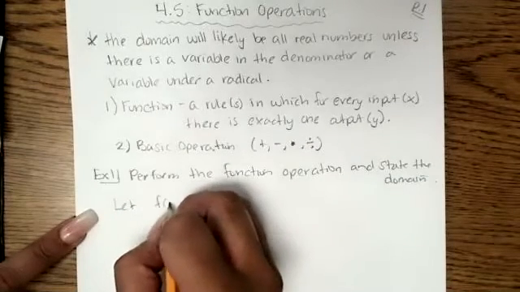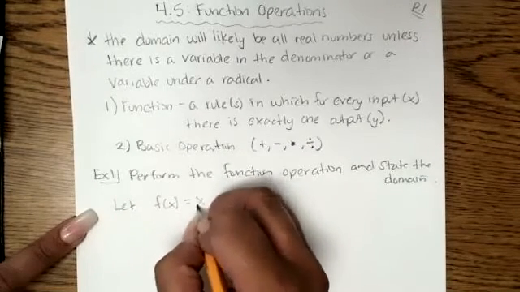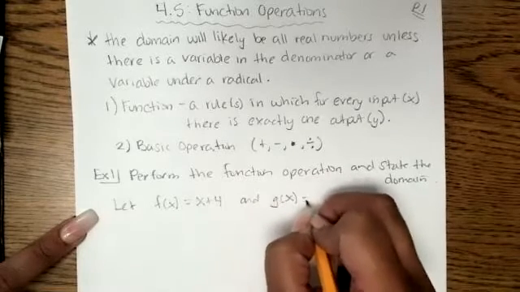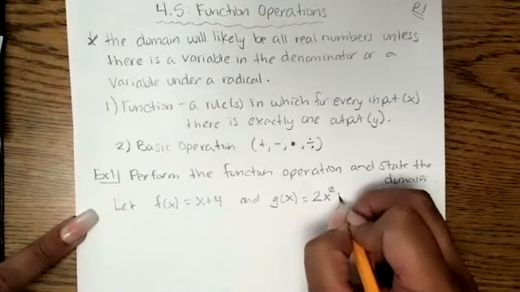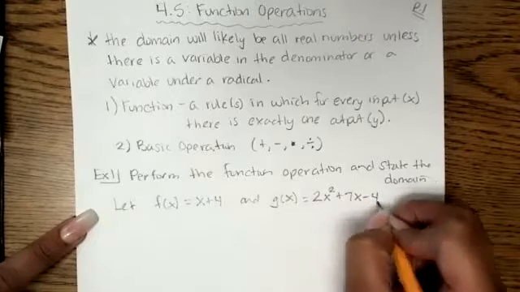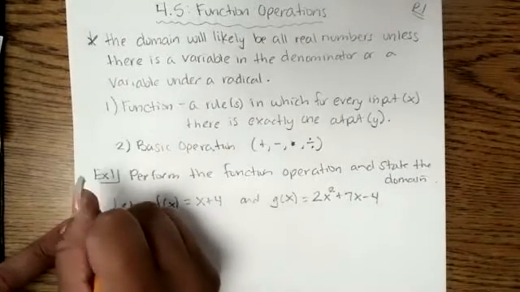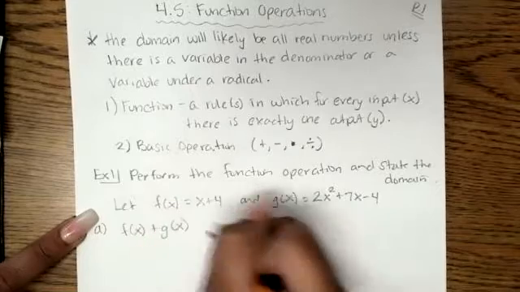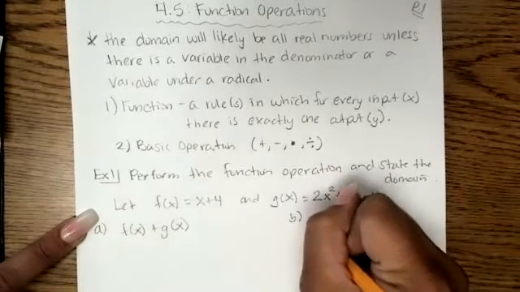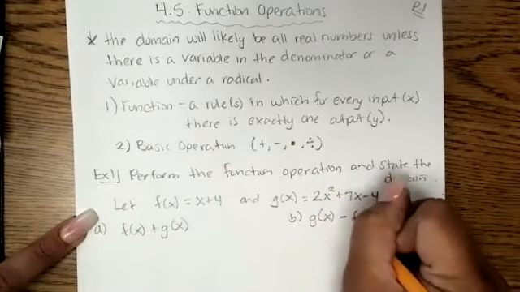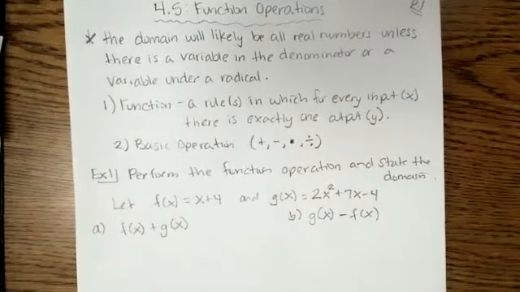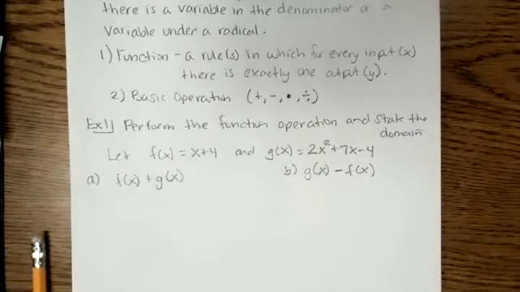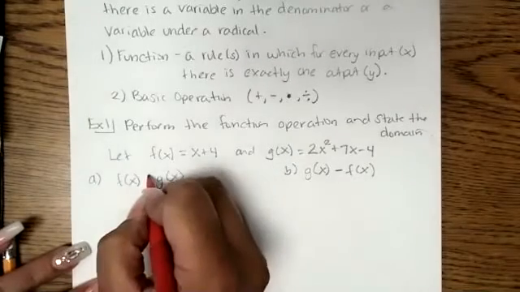We're going to let f of x equal x plus 4 and g of x is equal to 2x squared plus 7x minus 4. Always pay attention to the operation in the middle.